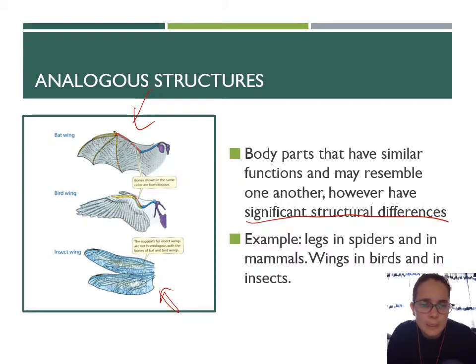Now when we look here at the bat and the bird, these ones are homologous because they share those common bone structures versus the insect wing, which doesn't share the common structures. Homologous: common ancestor, similar structures. Analogous: no similar structures, they just do roughly the same function, but they don't have a common ancestor that they've evolved this skill, attribute, structure, whatever it is from, okay?